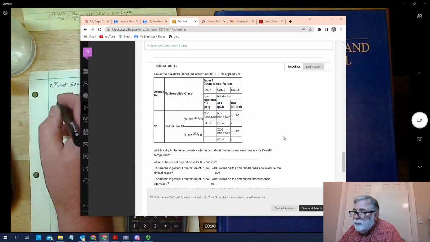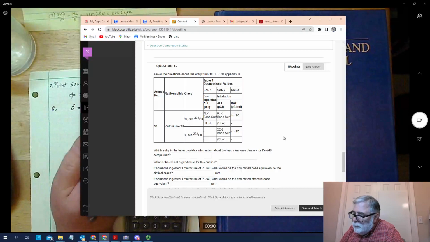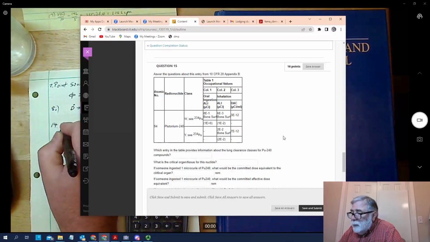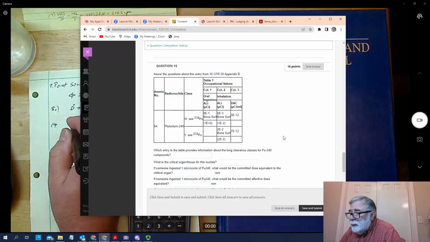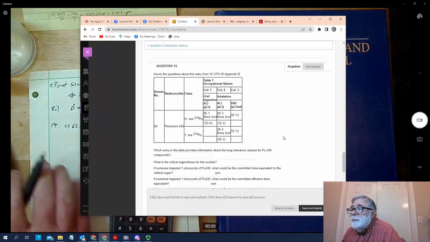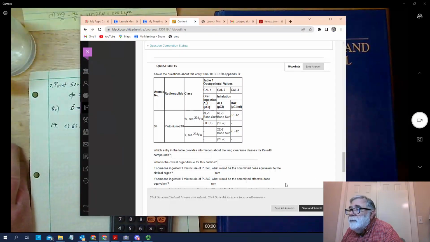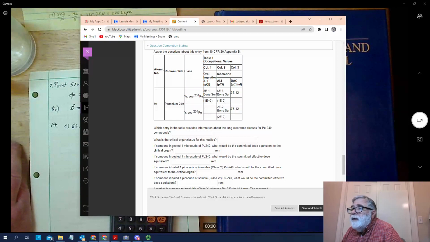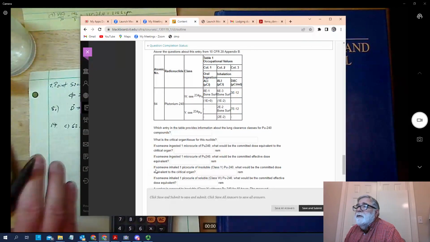So this was part 8, this is 14. Part C is 62.5 rem. So what's the committed effective dose equivalent to someone who ingested 1 microcurie? So it's the whole body.